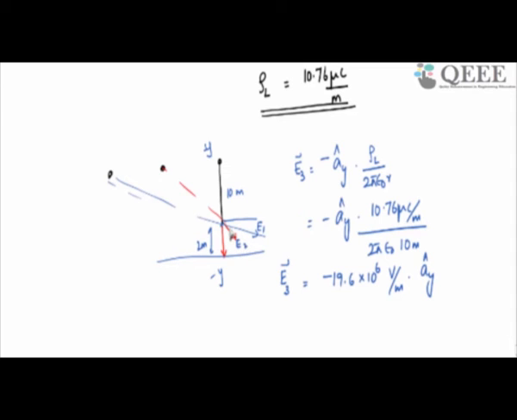Now, what about E2? To do that, we need to calculate this angle theta 2. I calculate that angle from my triangle, and that theta 2 turns out to be 32 degrees. Okay.